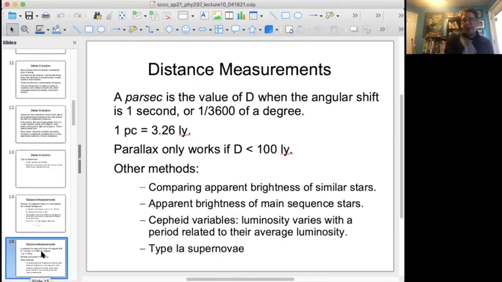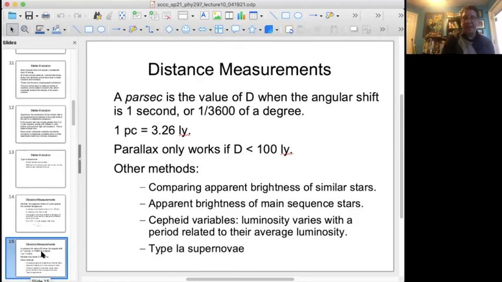Other distance markers are the Cepheid variables. These are variable stars where the intensity goes up and down, usually in a periodic variation, and the luminosity varies with a period related to the average luminosity.